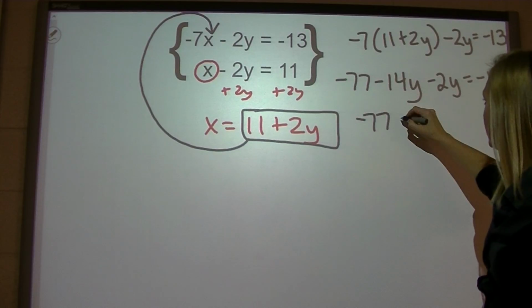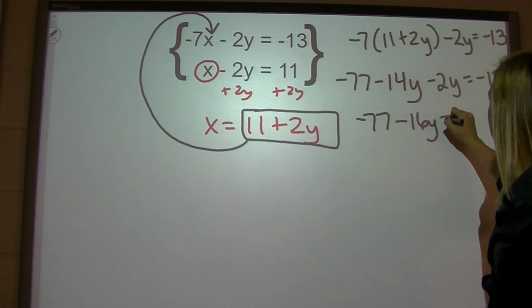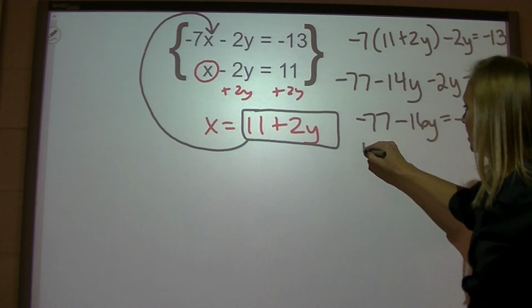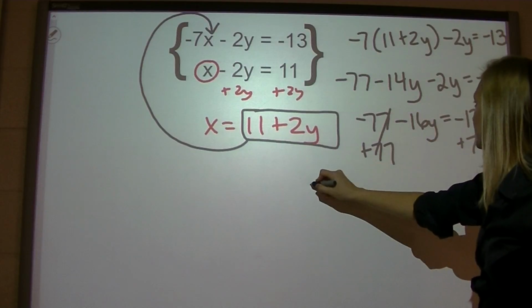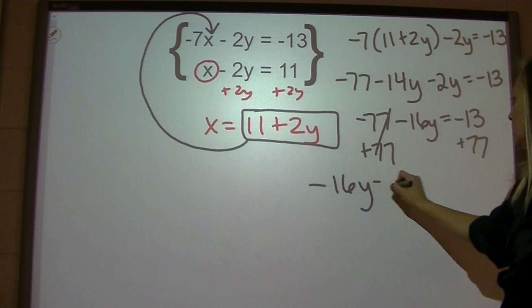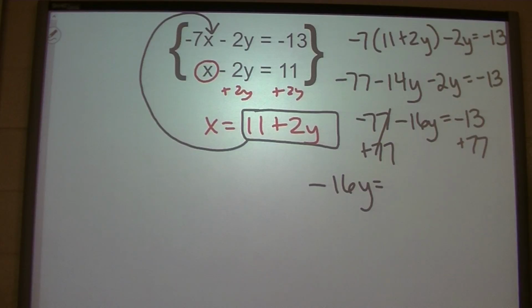Negative 77 minus 16y equals negative 13. Let's add 77 to both sides. So we'll have negative 16y equals negative 13 plus 77, which is 64, I believe.